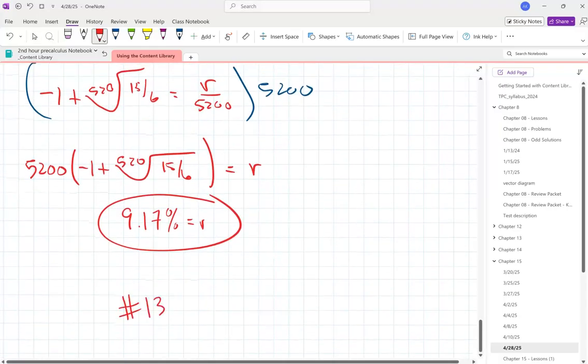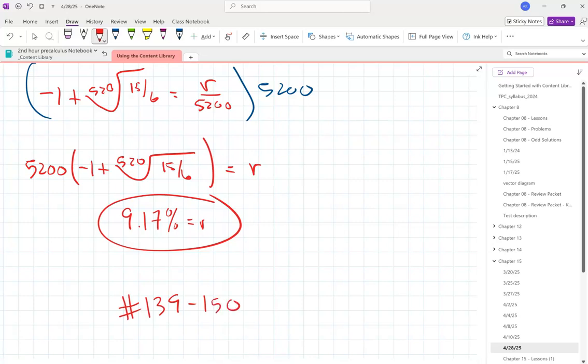So for homework, I'd like you to do 139 to 150. That'll be part of this Sunday's homework set. Reminder that for juniors, last Sunday was due 130 to 138, or 131 to 138.